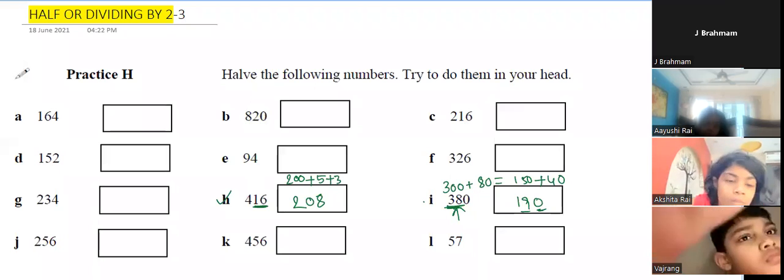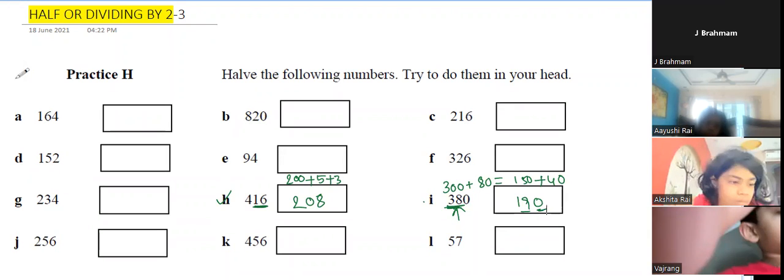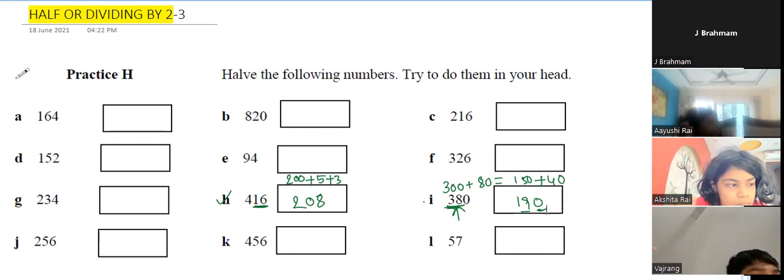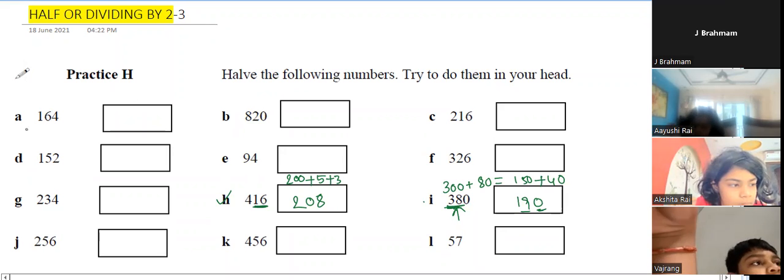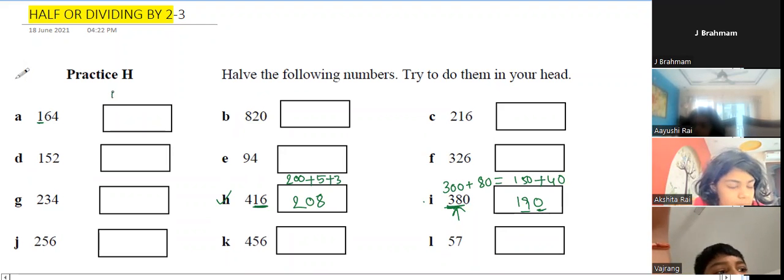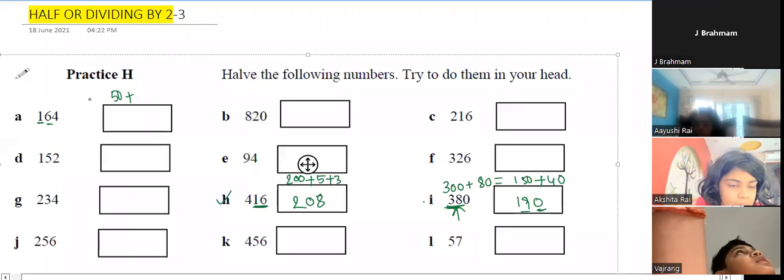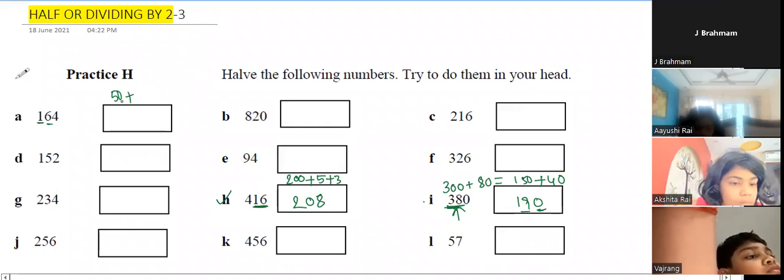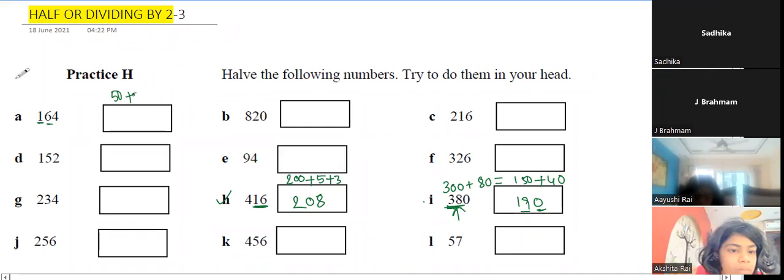Then Vajrang, your question is A, first question. Half of 100 is 50. 60's half is 30. 4's half is 2.